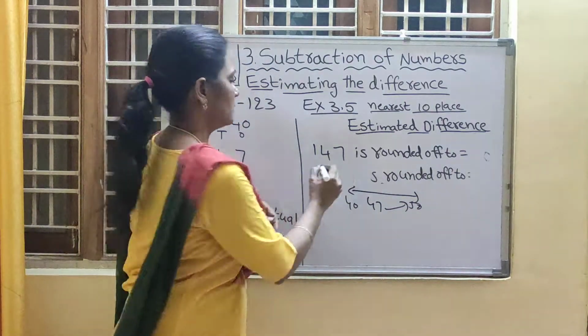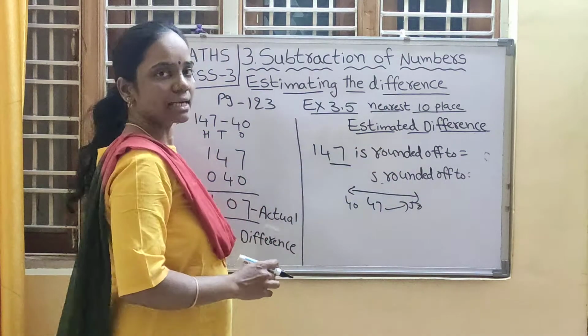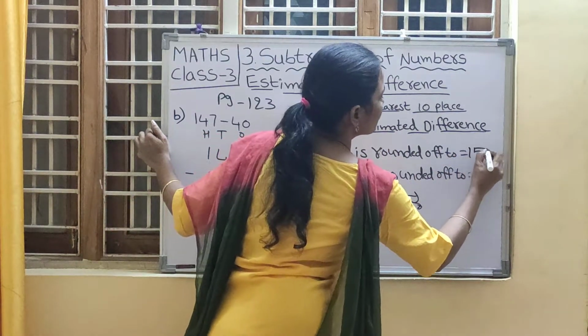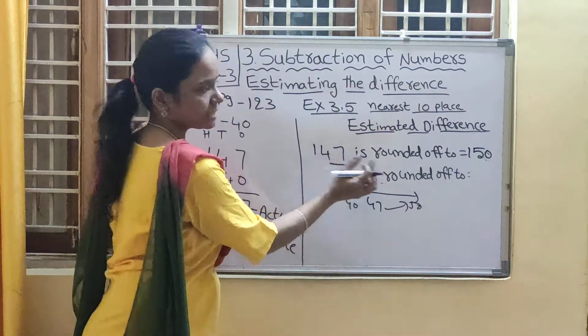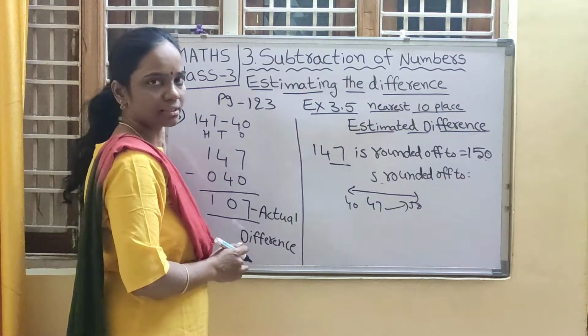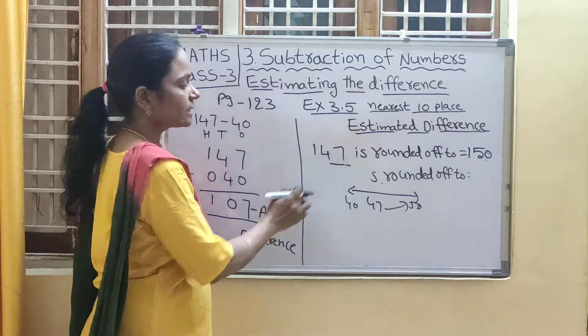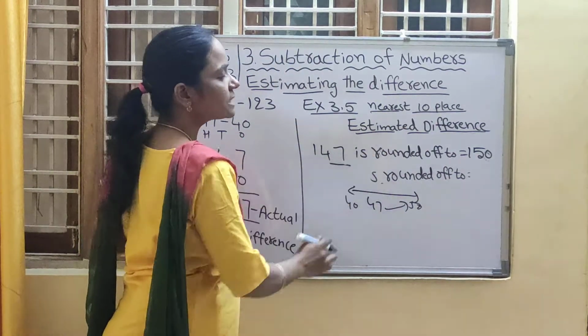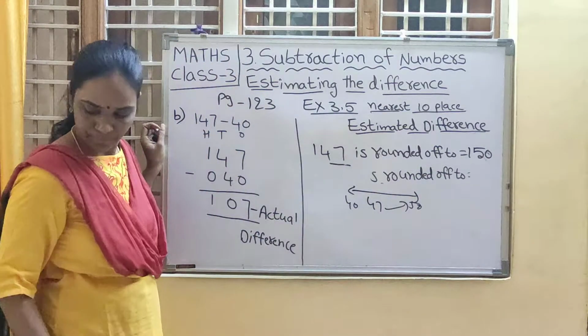Only tens place we have to check. So 147 is rounded off to 150.